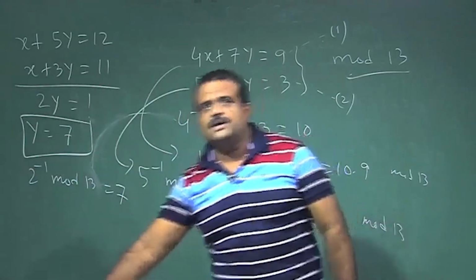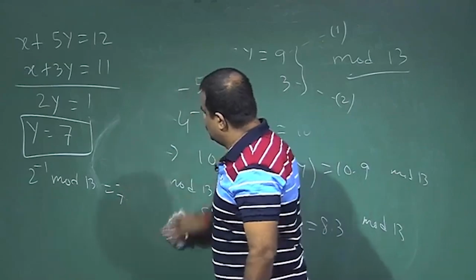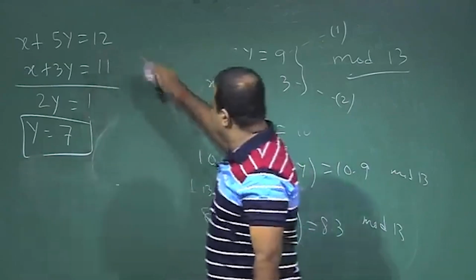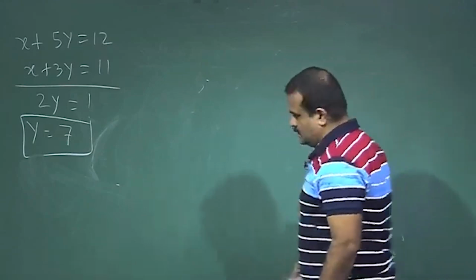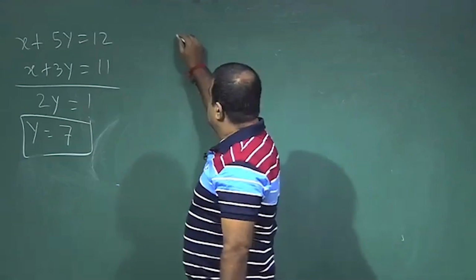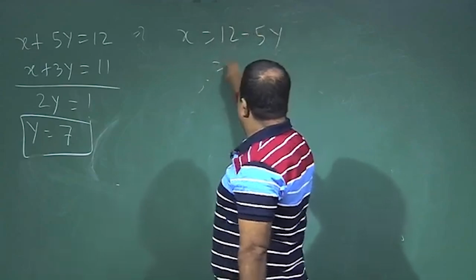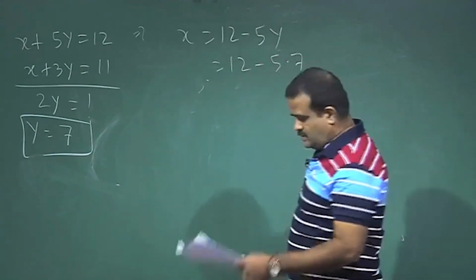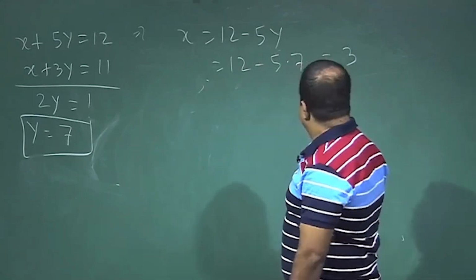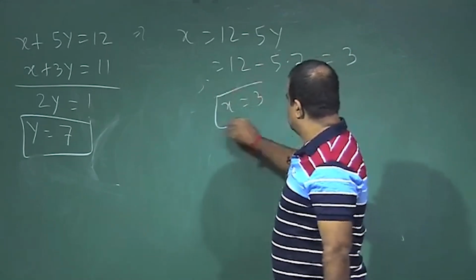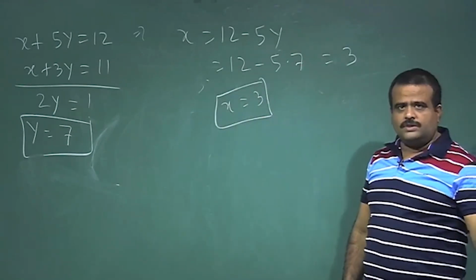Once we have y, we can put this value into one of these equations and get x. From here, x is 12 minus 5y, so 12 minus 5 into 7 under mod 13 gives us 3. So we got x equal to 3, which is the solution of this system of equations modulo 13.